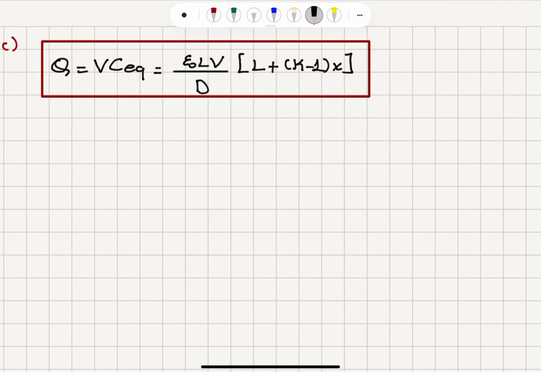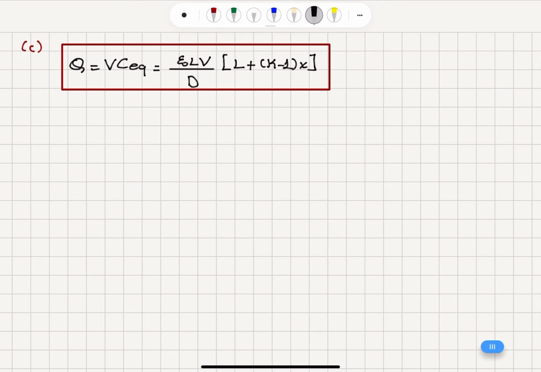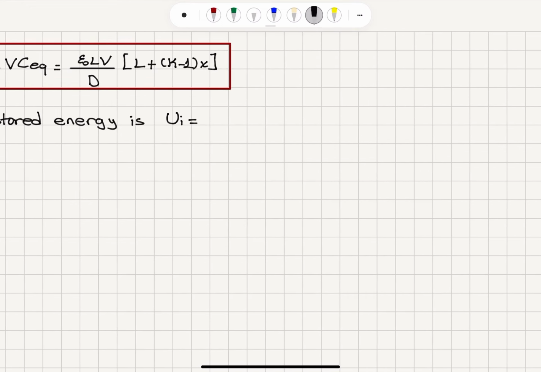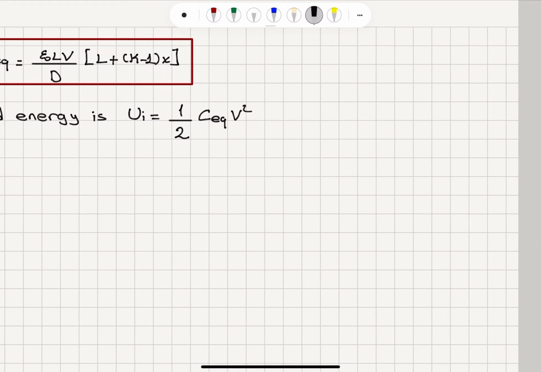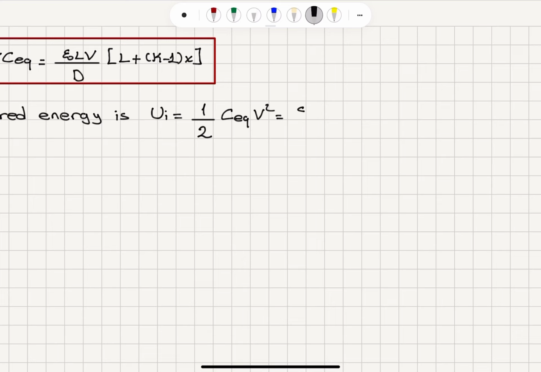Now, how much is the stored energy? If I'm disconnecting the battery before I move the slab, the stored energy is the initial stored energy, which is 1 over 2 C equivalent V squared, which is epsilon 0 L over 2D times (L plus (kappa minus 1) x) times V squared.